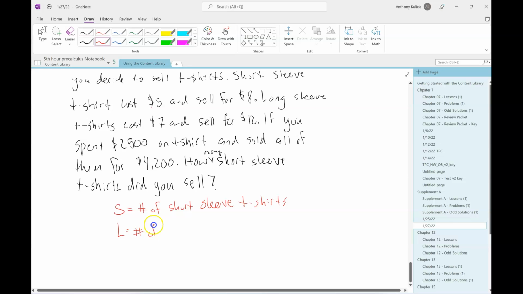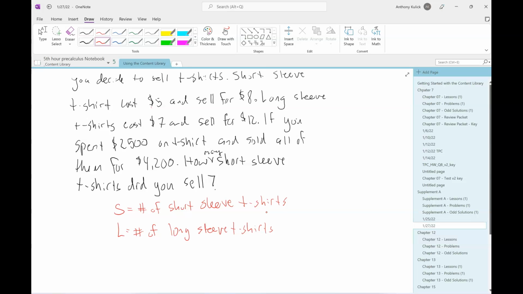So I'll use L for the number of long sleeve t-shirts. And again, if we're not really sure, like we just were there, really good practice is to go back and reread the question and make sure you really understand what's going on. And kind of like, okay, to get this number, what would I have needed?